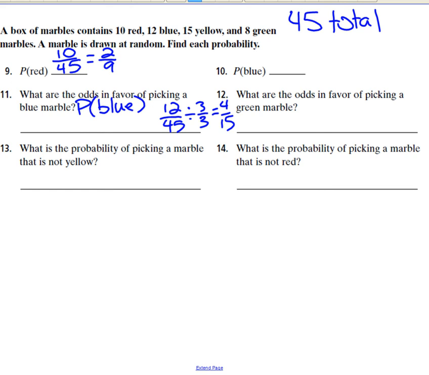All right, if we try 13, what's the probability of picking a marble that's not yellow? What would we be finding the probability of here? So we'd say probability of what? What would go in the parentheses? Not yellow. So, 2 ways you could do this. You could either add up everything that's not yellow, or you could subtract the total minus what is yellow.